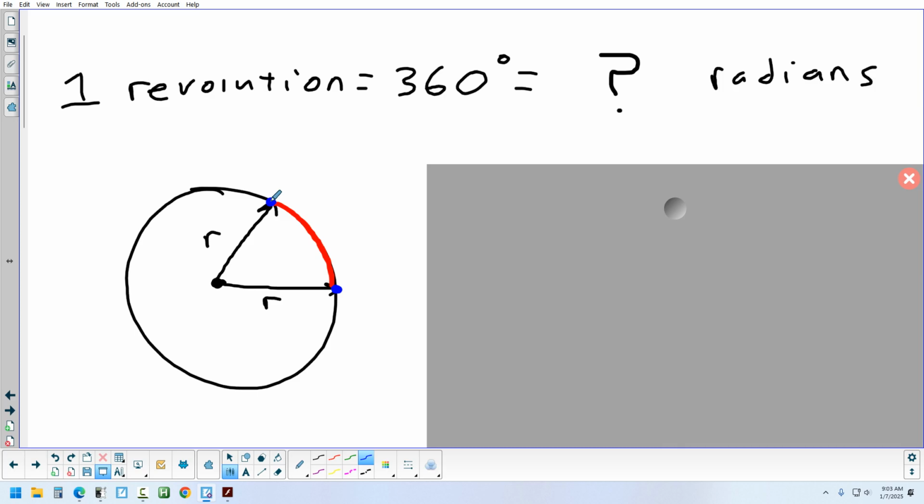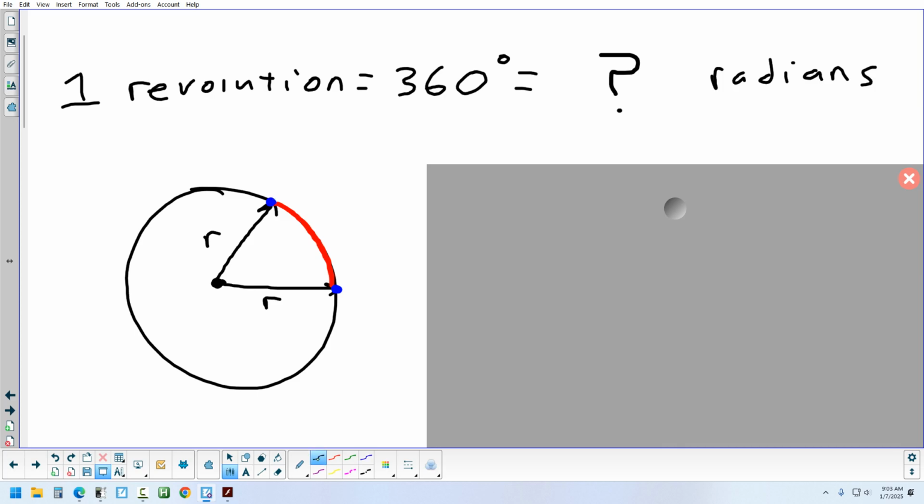Any questions so far? All right. What I did next is I connected those two blue dots with that red thing that I drew. Does anybody know what that red thing is? It's not a line segment because it's not straight. It's not a ray. It's an arc. So I created an arc between those two blue dots.